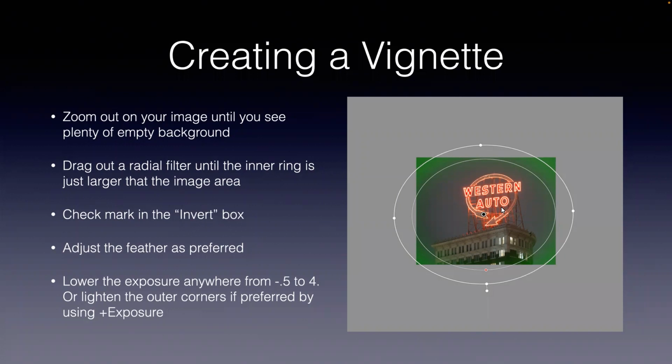Now at this point, I would go ahead and fill the workspace with the size of my picture. So I'd zoom back in so it was larger in there, and then I would make my adjustments so that I could see it. But zoom out first, make your image small so you can get at the handles, create the radial filter, then you can zoom back in.